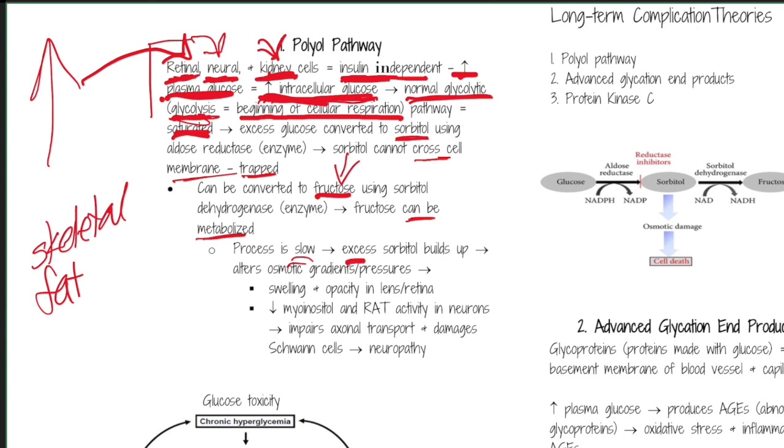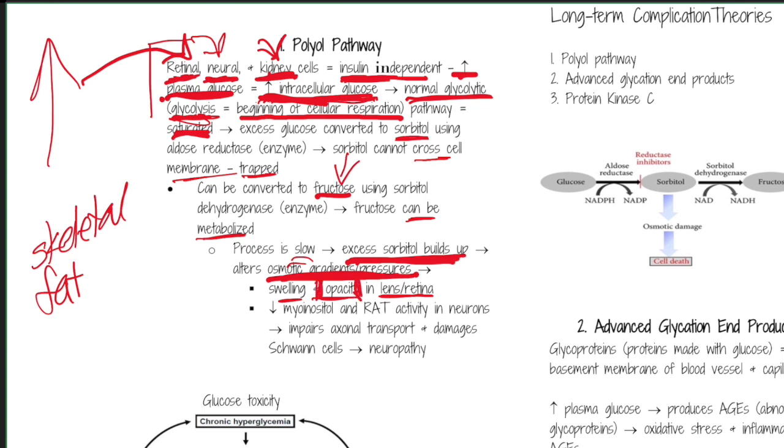And so that excess sorbitol just builds up and builds up inside of the cell. And as we learned about with glucose, it's going to change the osmotic gradient and pressure between the inside of the cell and the outside of the cell. And so you end up with swelling and opacity in the lens or the retina. Opacity is the opposite of transparency, like can't see through it.